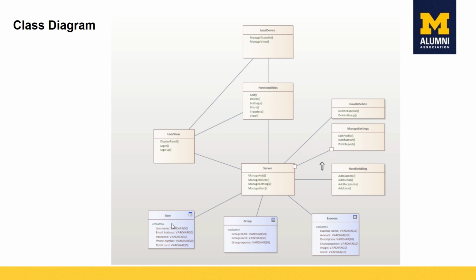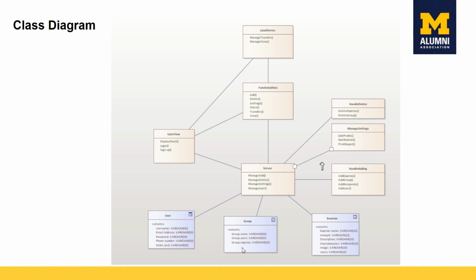One more thing is for the database. The user will need to fill in this for the sign up: username, email address, password, phone number, and debit card. And for the group, it's gonna have group name, group users, and group expense.